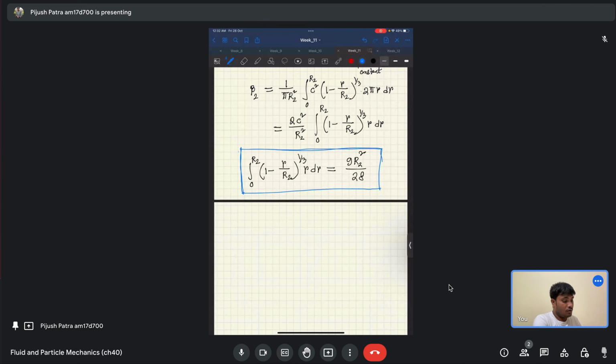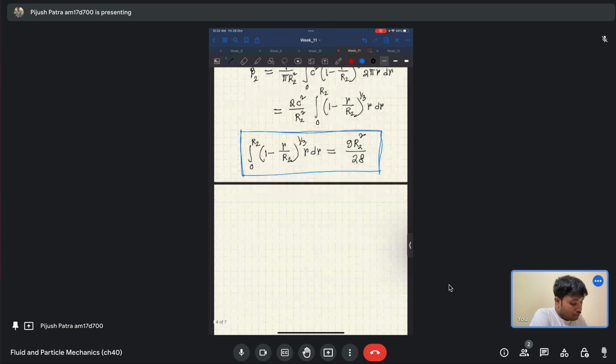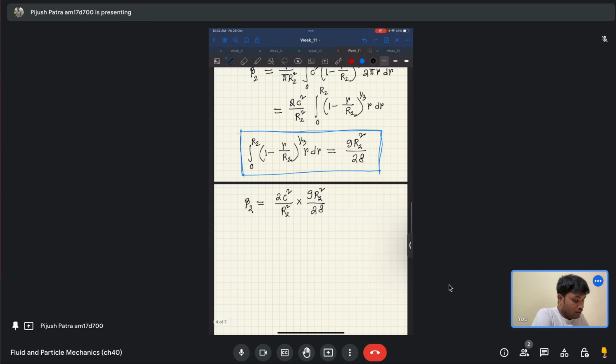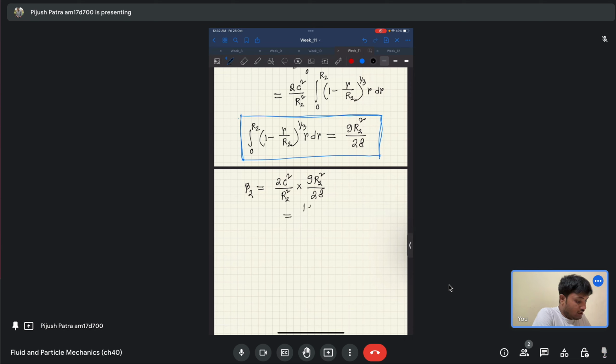Okay, so then what is beta 2? Then beta 2 is c square by R2 square into 9 R2 square by 28, which is equal to 18 c square by 28.